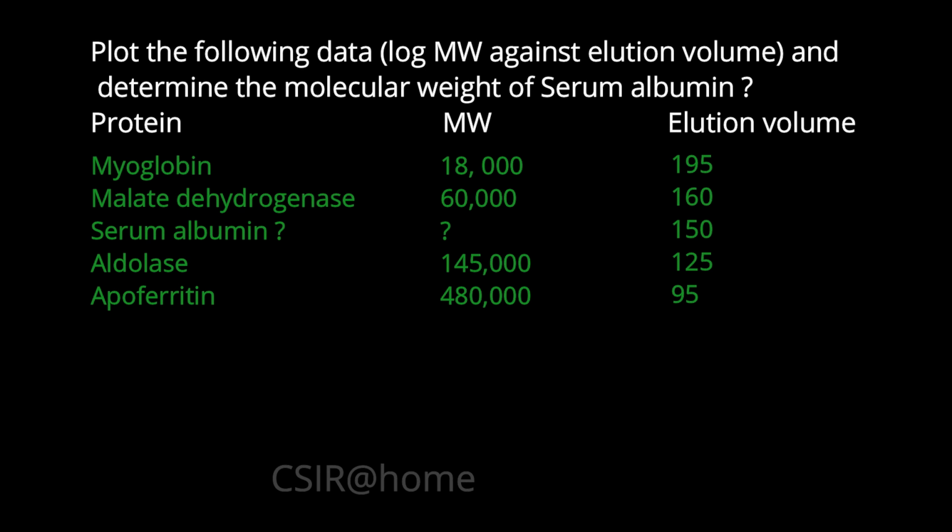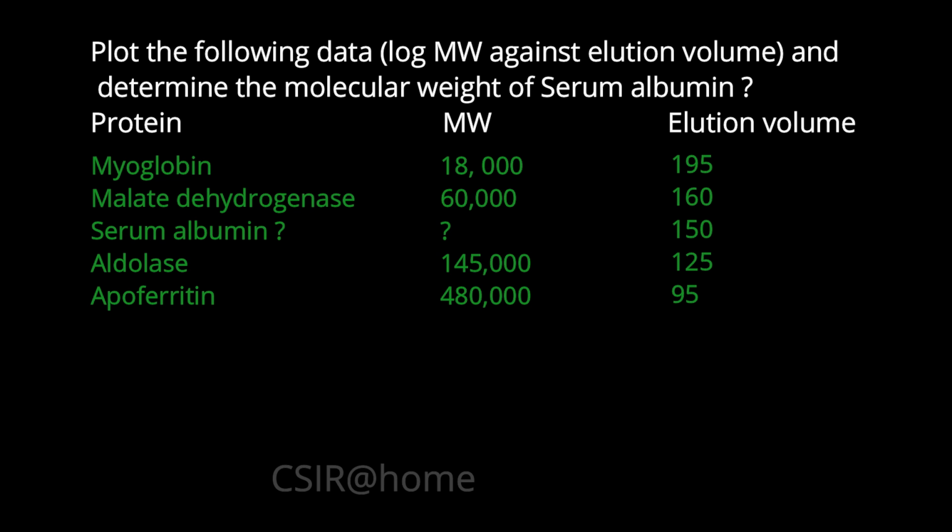We can do one more problem. Here, data of molecular weight and elution volume are given, and the substances include myoglobin, malate dehydrogenase, serum albumin, aldolase, apoferritin.